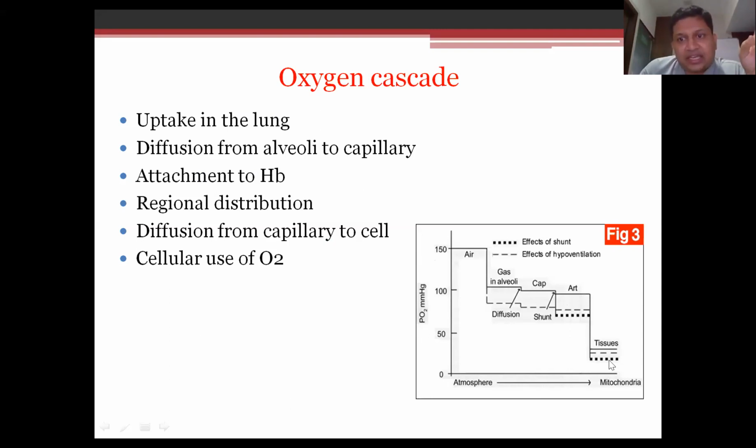And when it reaches the tissue, only about 20 mmHg PO2 remains. So this travel of oxygen up to the tissue, that is uptake in the lung, diffusion from alveoli to the capillary, attachment to the hemoglobin, then regional distribution, diffusion from the capillary to the cell, and then the cellular use of the oxygen, is the full cascade. It is called the oxygen cascade.